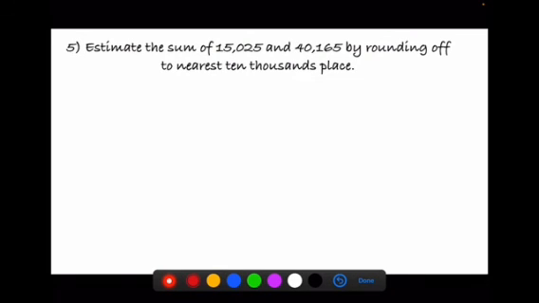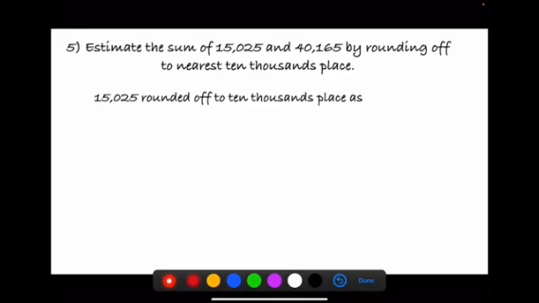Estimate the sum of 15,025 and 40,165 by rounding off to the nearest 10,000s place. This is also to be worked out in a similar manner. 15,025 can be rounded off to the 10,000s place as, since we will be considering the thousands place value, which is 5, and since it is 5, we will have to add 1 to the 10,000s place.